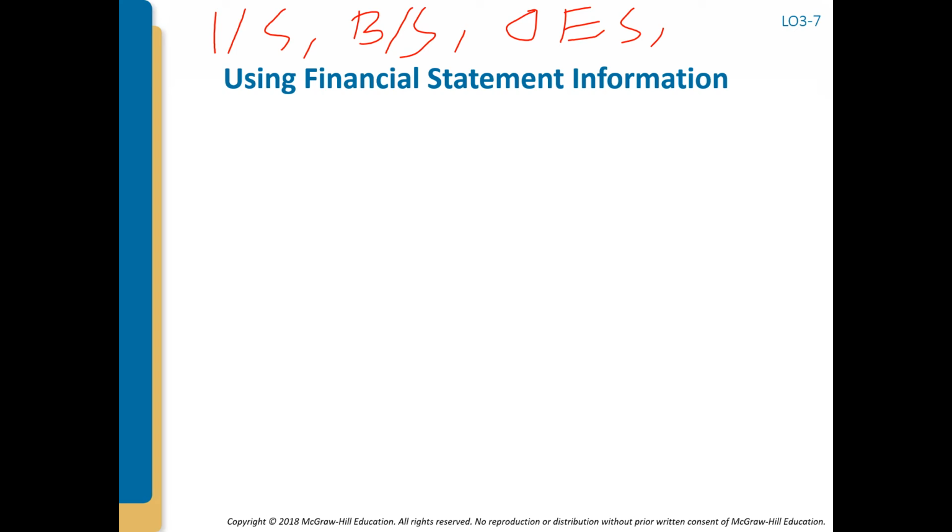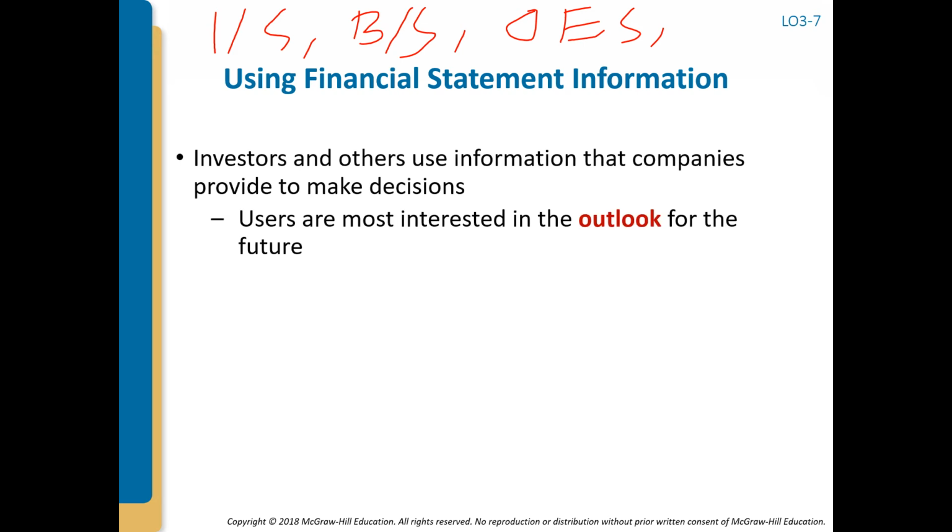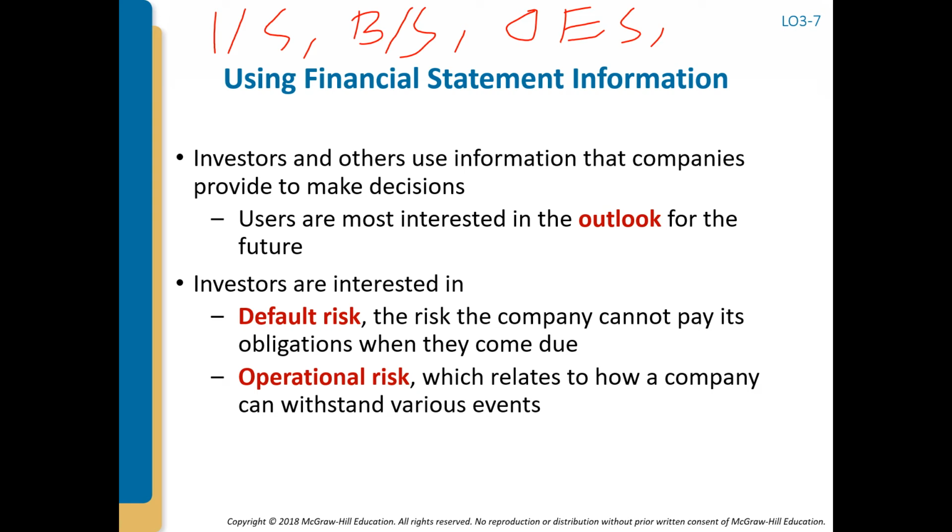The users are most interested in the outlook for the future. That is why, if the investors or other users want to make decisions, they need historical information, which is the financial statements. Investors are interested in the default risk and the operational risk. Default risk is the risk that the company may not be able to pay its obligations.